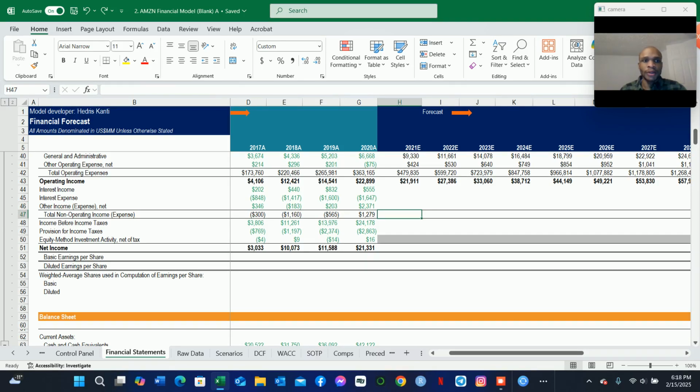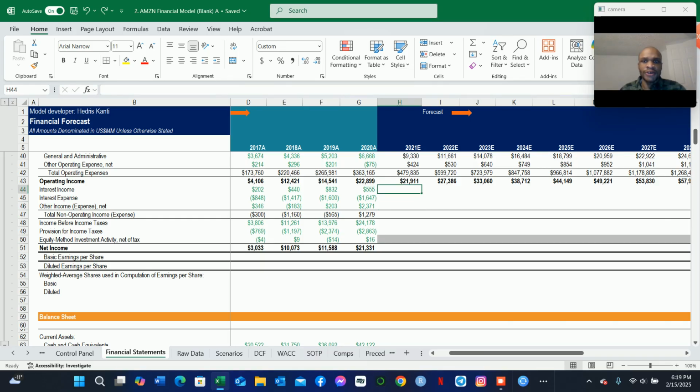So we want to project other items on this income statement, such as the interest income, interest expense, and other income and expenses. So the interest income is going to come from Amazon's cash savings in its bank account, and the interest expense is going to come from our supporting schedules.